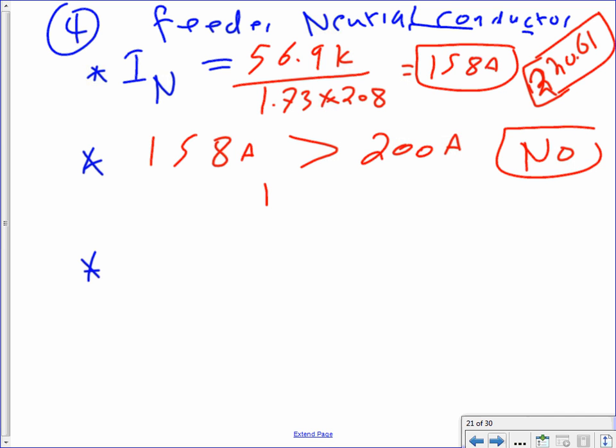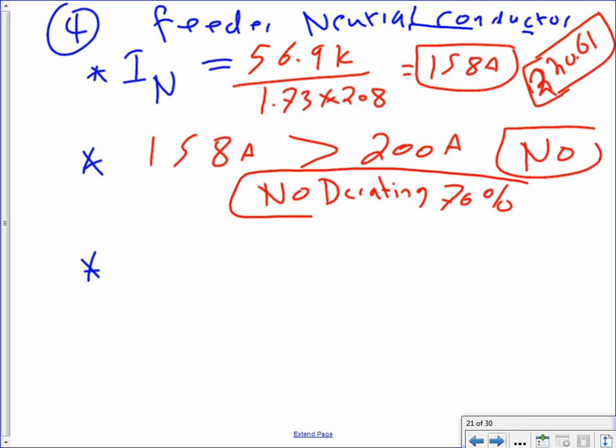I'm going to say here, no derating. Why no derating? Because it's less. Oh, what am I doing here? Am I doing it this way? Chad, it's less. 158 amps is less than 200. I wrote it the opposite. 158 amps is less than 200. Okay?